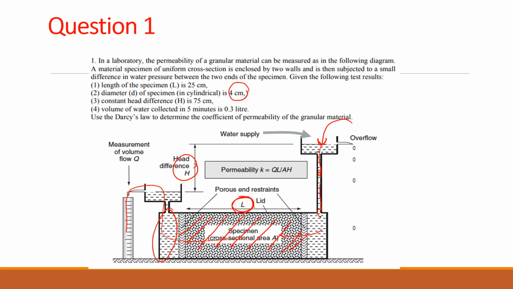This is a cylindrical part. The constant head difference, h, is also given to us. Volume of the water collected in 5 minutes: in 5 minutes, 0.3 liters are collected from this side. So they have given you everything, and also they have given you the equation to find the permeability.